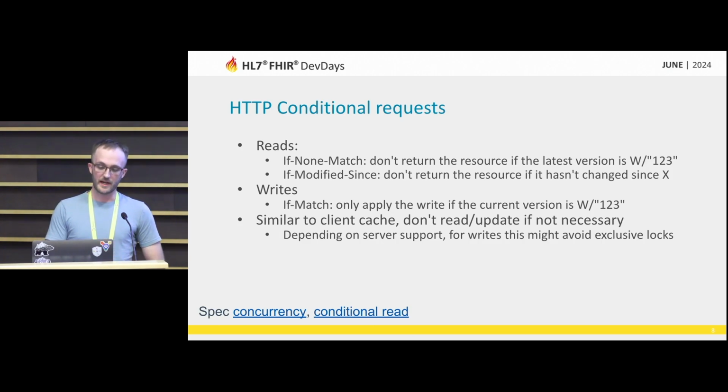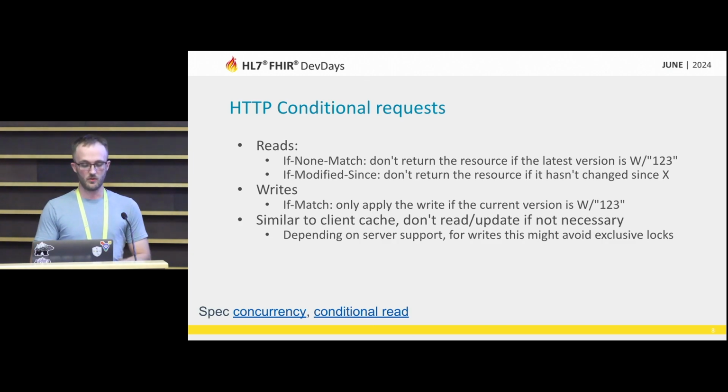Similarly, if you're doing a write, you can say only do an update if the current version is version 1.2.3. So this lets you manage your concurrent requests, because what tends to happen is you have two requests that are both competing to perform an update. Say it's on a patient, and then you don't want both of those updates to go through.